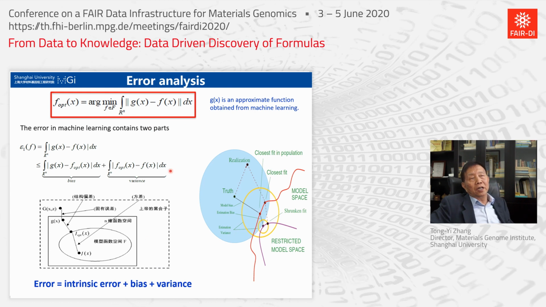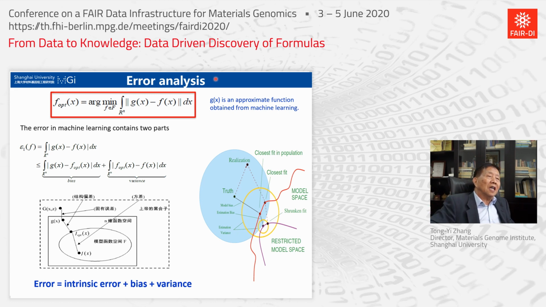So in machine learning, we have to do an error analysis. There are two very important things in machine learning: one is the feature, another is the feature space. I usually call the feature space a search space, because you want to predict something.